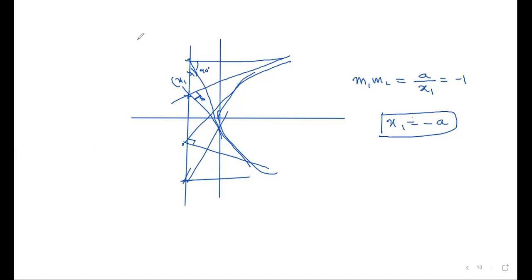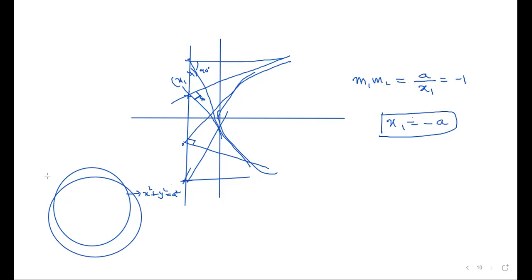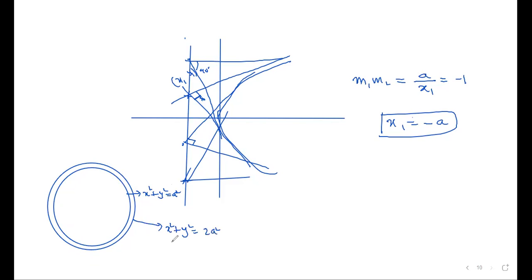So do you remember in circle, I taught you the director circle? Do you know the director circle? If the circle's equation is x square plus y square equal to a square, then I can find another circle whose radius is root 2 a, that is, x square plus y square equal to 2a square.